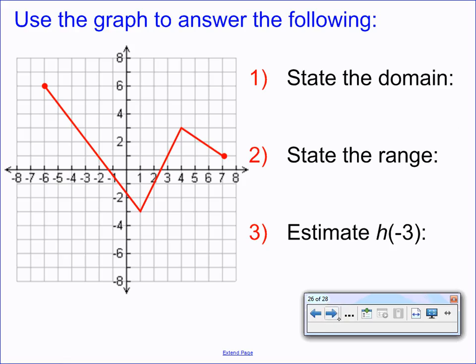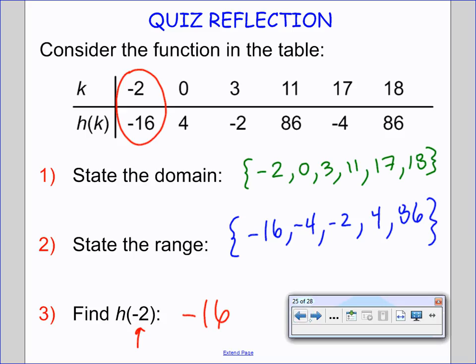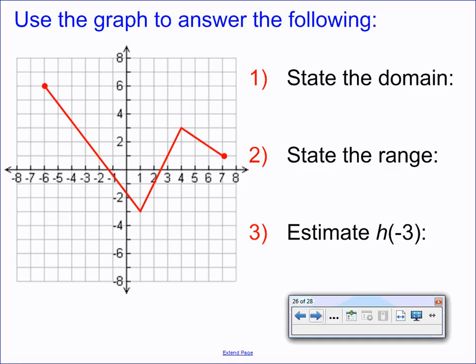Lastly, we wanted to provide the same kinds of questions, but now with a graph, a continuous graph. And so now, while it was okay to list individual values when we had a table, a finite number of values in my domain, here we have an infinite number of values in my domain, an infinite number of x's. And so here we're going to show that by using that inequality notation in set builder notation. So how do we do that?